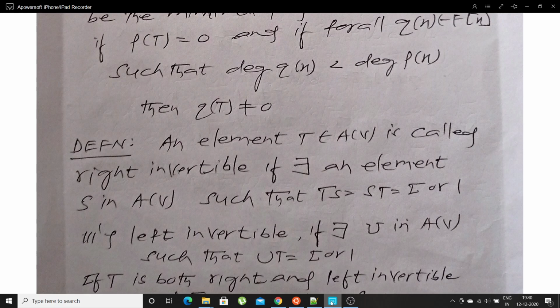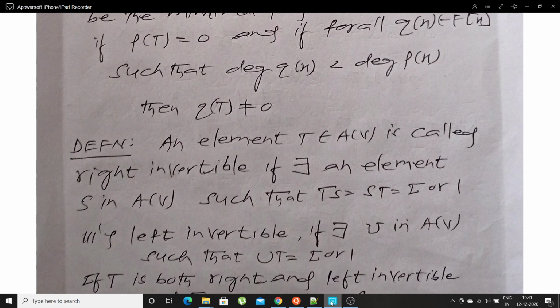Similarly, the left invertible. Right invertible means ts is equal to st is equal to I. To define a left invertible, there exists an element u in A(V), such that ut equal to I or 1.